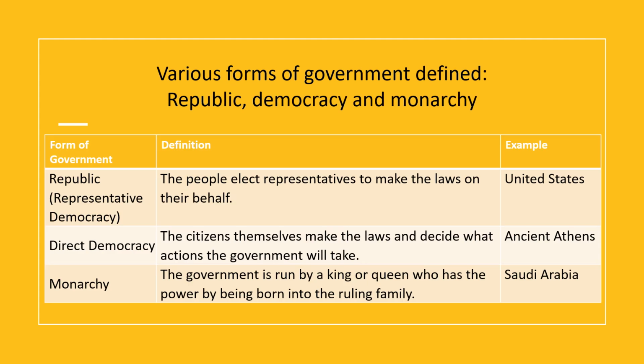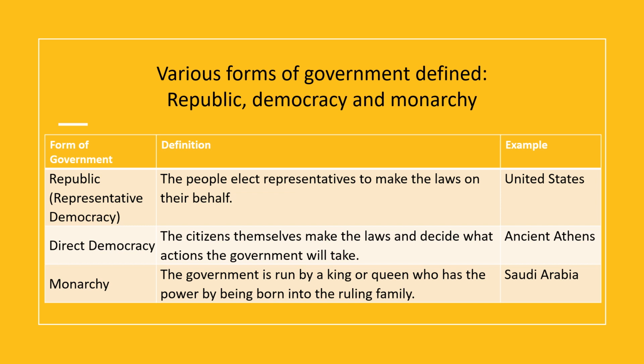We now focus our attention on various forms of democracy by defining republic, democracy, and monarchy. In a republic, we focus on the people electing representatives to make the laws on their behalf. In fact, you'll also notice that another term for republic is representative democracy.